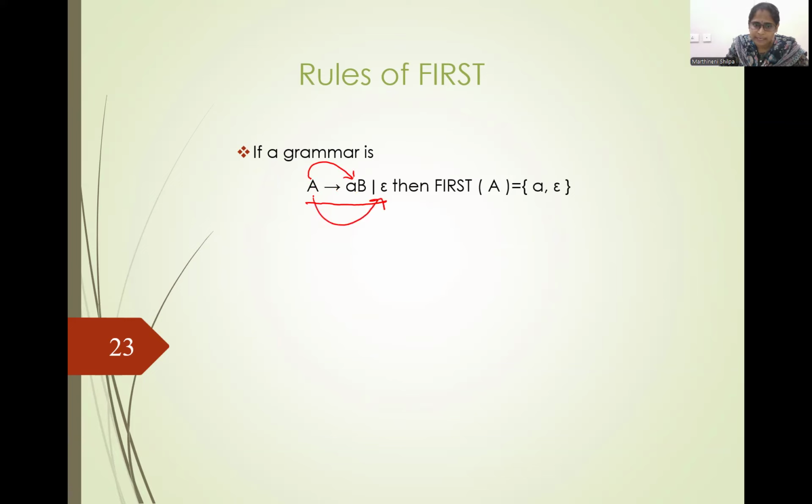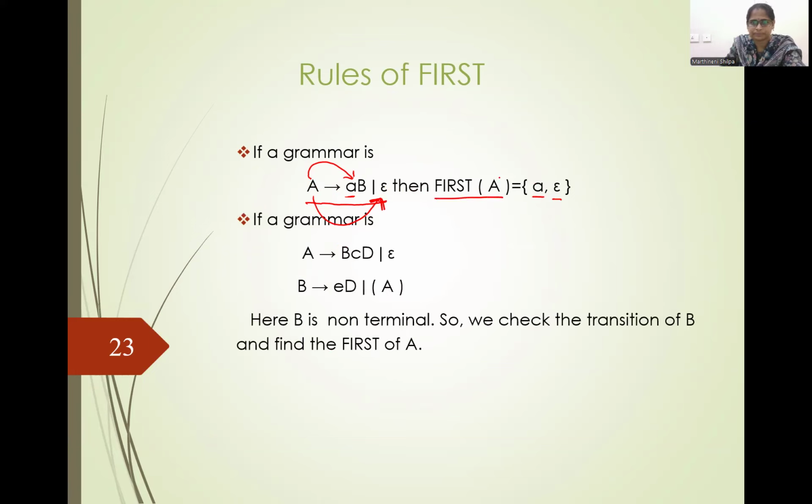That means A is going to derive a set of strings which starts with A, or no string, that means epsilon. Then first of A can be said to be A comma epsilon.